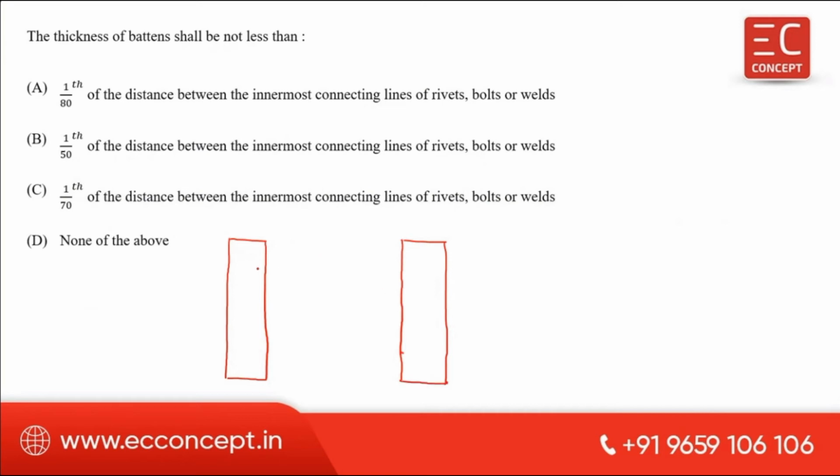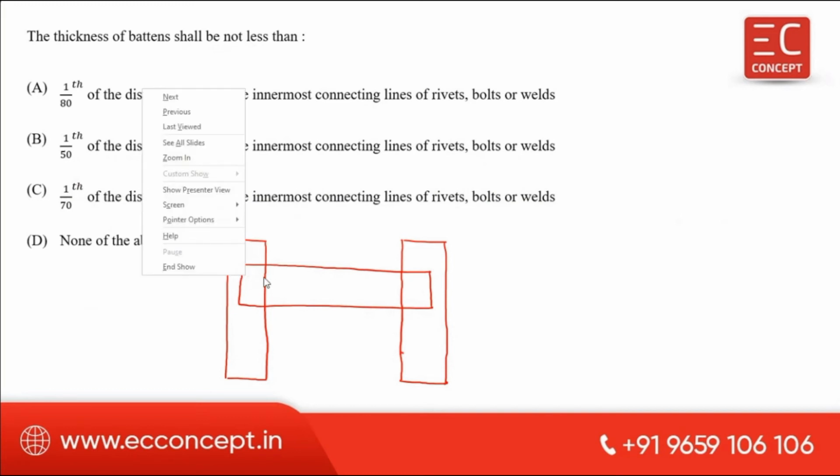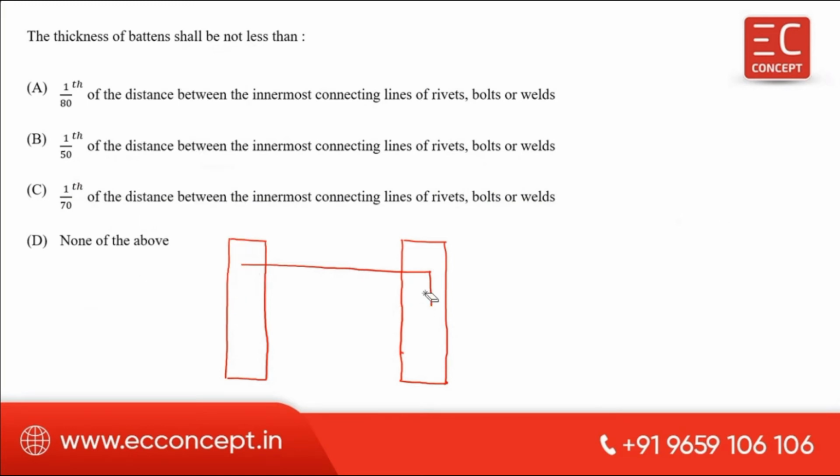And these two columns are connected by using a batten to make a built-up column. So this is the batten. And here we will use a bolt or rivet or weld to connect this. So we are having a bolt. These are the bolts.